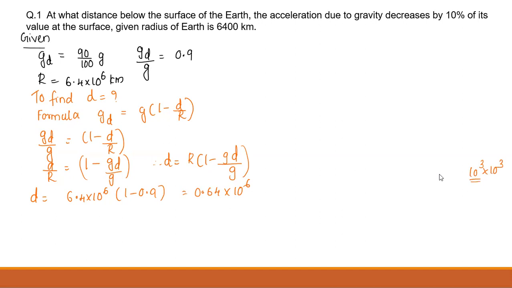So 0.64 into 1000 is 640, into 10 raised to 3. That we can write as d is equal to 640, 10 raised to 3 means 1000, that is kilometer. 640 kilometers. So we got the value of distance as 640 kilometers.